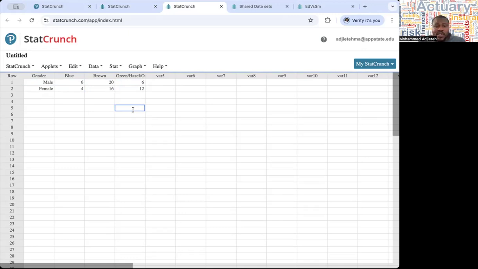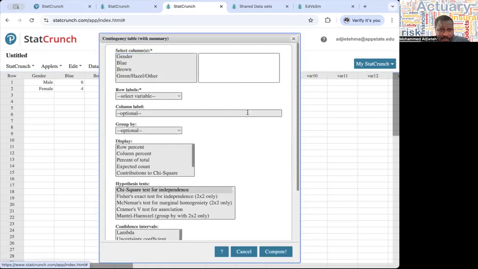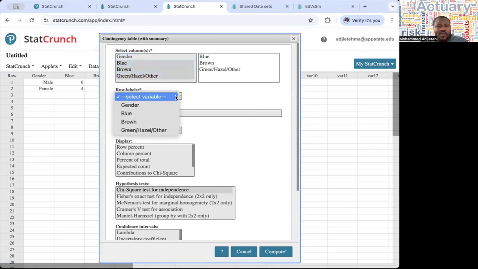So this is our table that we had. Now, let's try to get the contingency table. So we go to table, contingency table with summary. What is the column? Our column is blue eye, brown eye, hazel. And then our row label is gender. I want to compute row percent, column percent, and percent of total.